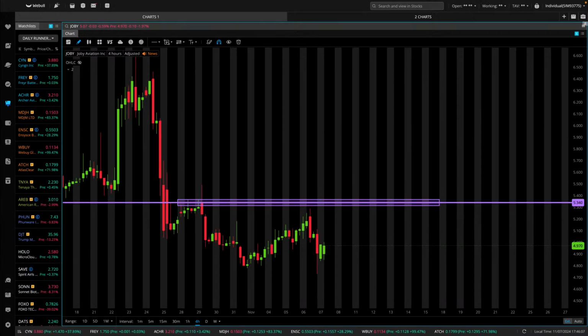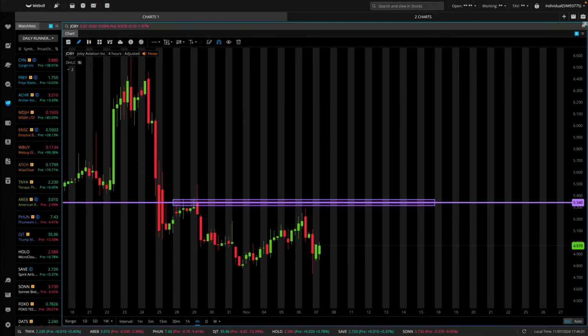It's not the best way, it's just something that I do. Some people use the 1 hour, some use a weekly, some use a daily. I don't need to go that far back because I'm only trading on the 5-minute time frame and I'm in a stock for a few minutes. But it's always good to identify key levels because I know this is a big level on a larger time frame. If it breaks above here on a smaller time frame, it will probably run. That's the way I think.